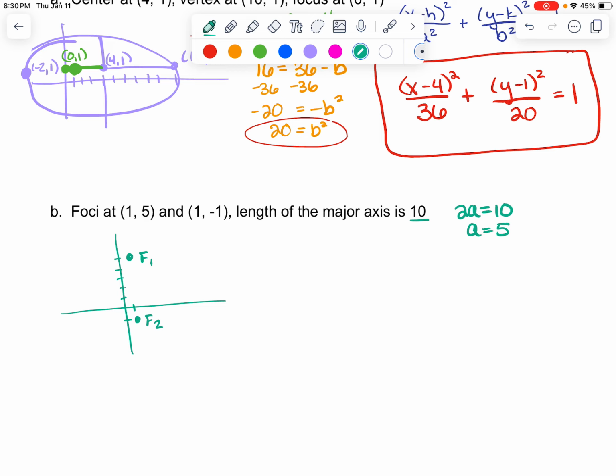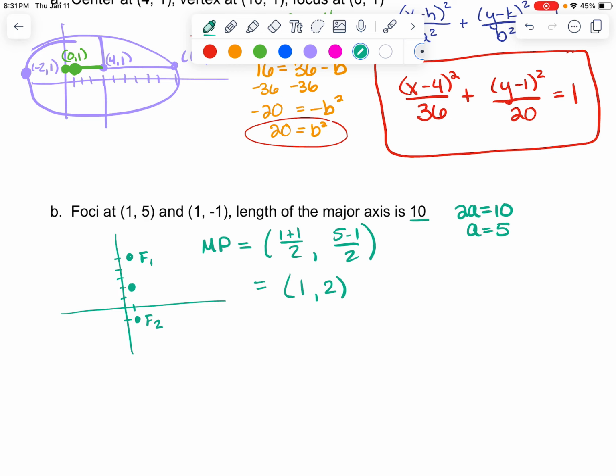And I know that the foci are equal distance from the center, so I can figure out where the center is if I can find the midpoint of the two foci. So the midpoint between those two is (1 plus 1) over 2, (5 minus 1) over 2, which is located at 1, 2.